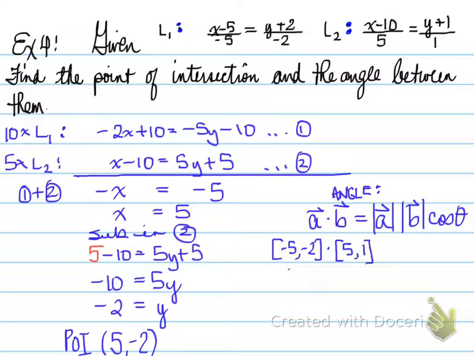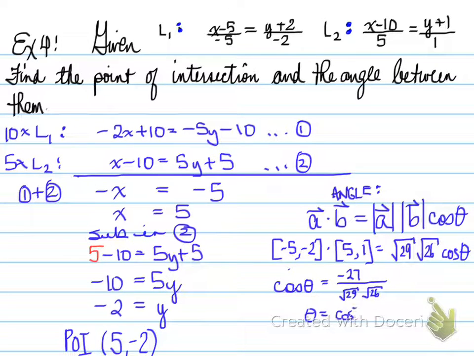B has the direction vector (5, 1). And then we take the magnitude of each of these individual vectors. That would be root 29 and root 26 times cosine of theta. We isolate for cos theta, so we get root 29 and root 26 on the bottom, and on the top is the dot product of the two direction vectors, and that would be negative 27.